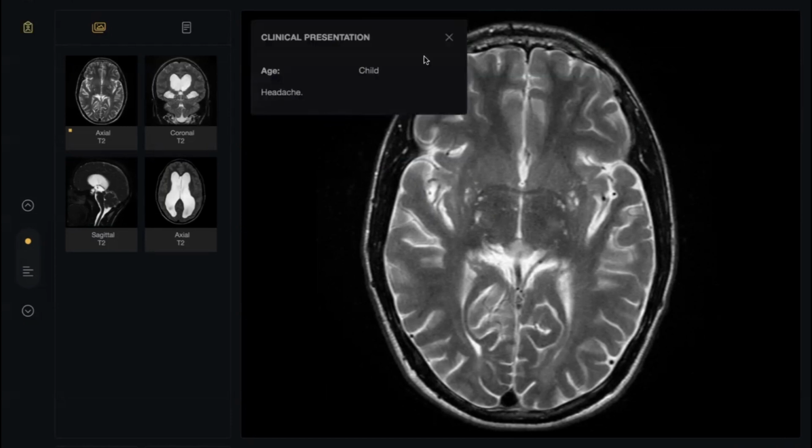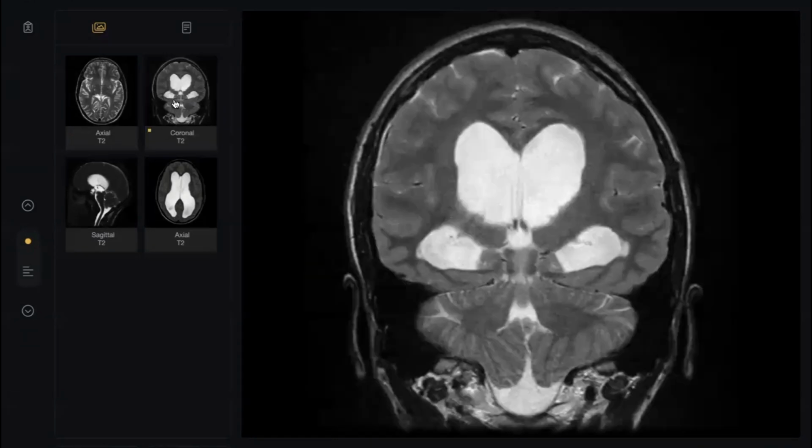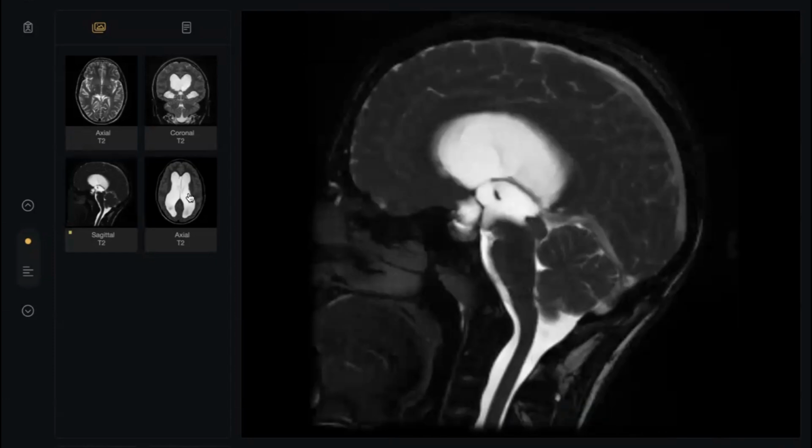Sir, I've requested control. This is a child with headache. These are MRI T2, static images. It's an MRI T2-weighted image, axial, coronal, sagittal, and it is showing dilatation of the lateral and third ventricles.